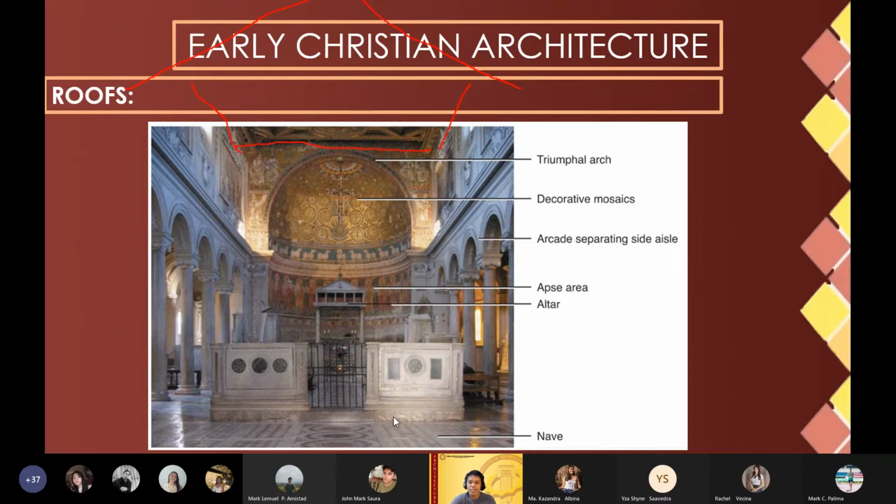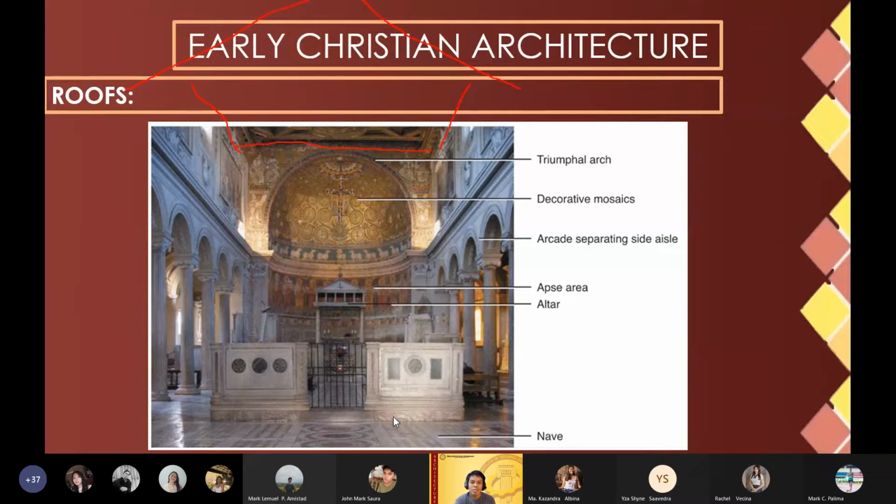Okay. So far, any questions? We're halfway there. If you have questions, just let me know. Just type in. In terms of characteristics, we have three: a simple exterior, a rich interior, and a plan that emphasizes horizontality.